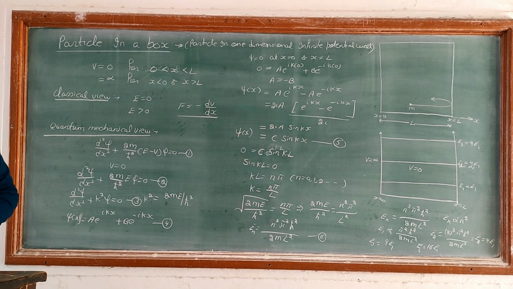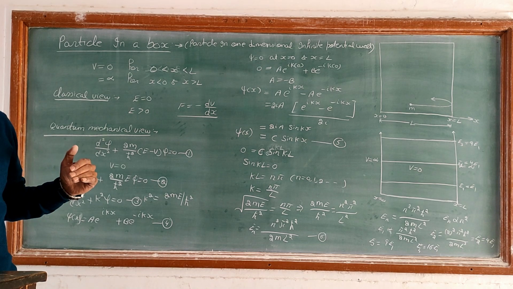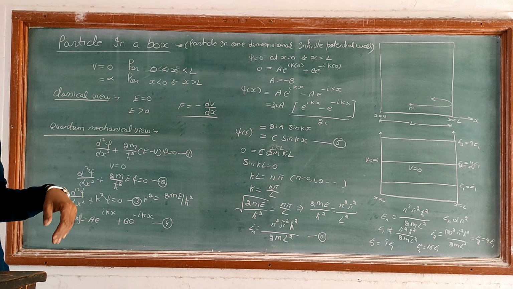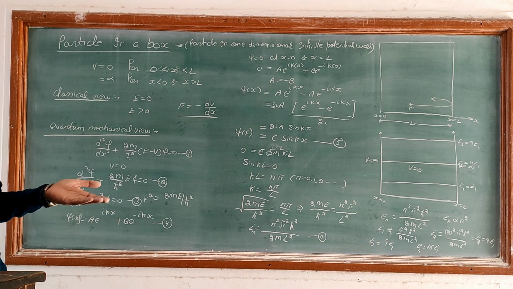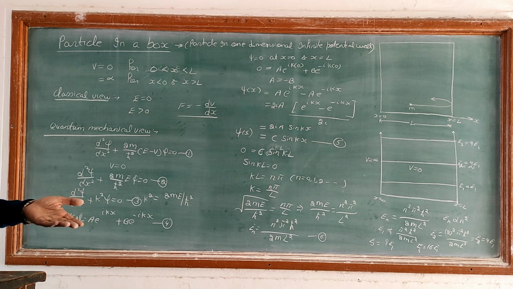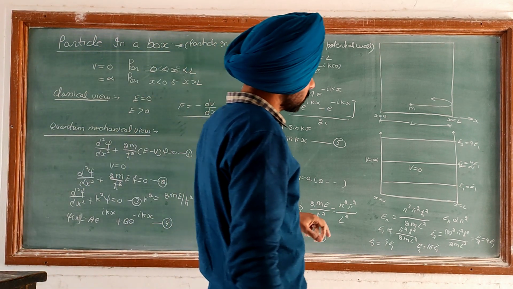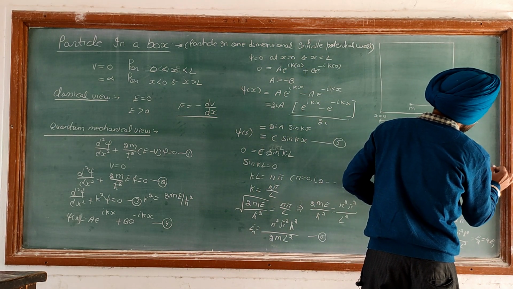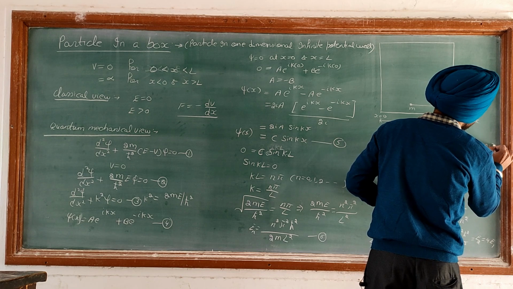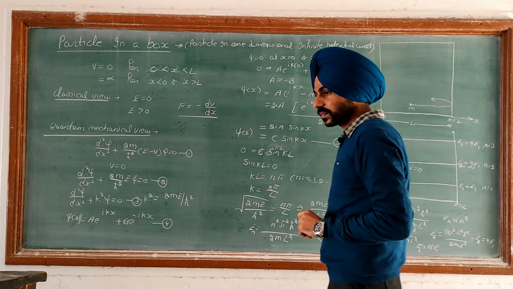Now it clearly indicates that energy levels are not equally spaced. As we move higher in the energy levels, the separation between the energy levels increases. This E1 corresponds to n equal to 1, this corresponds to n equal to 2, this corresponds to n equal to 3.